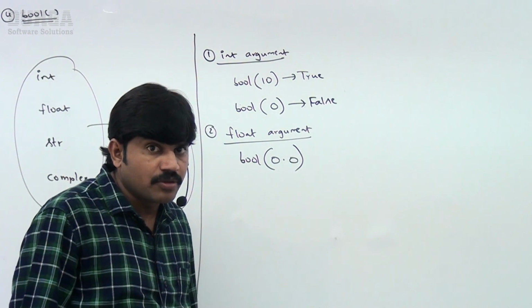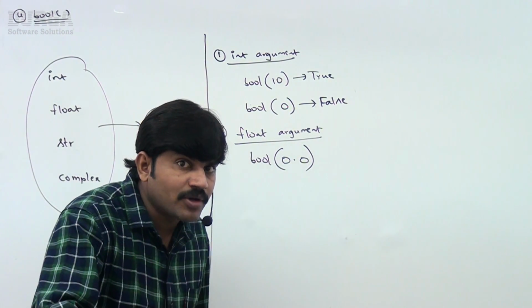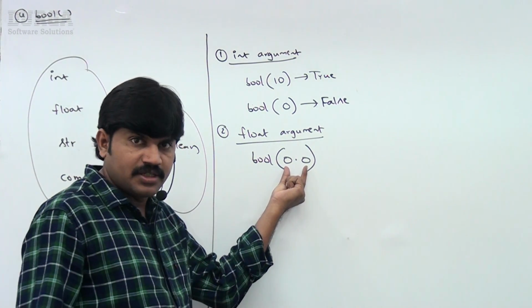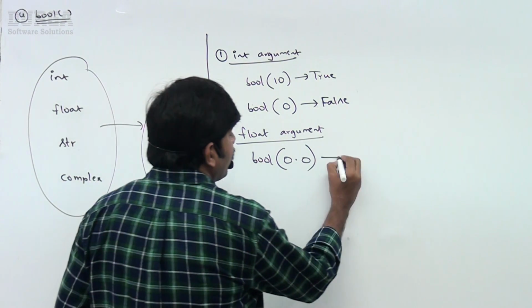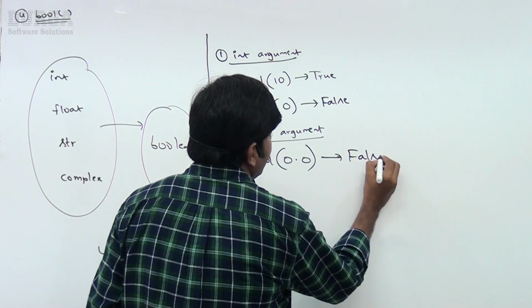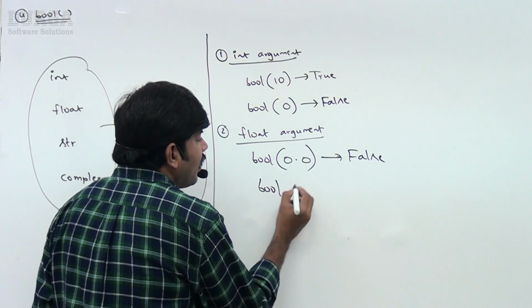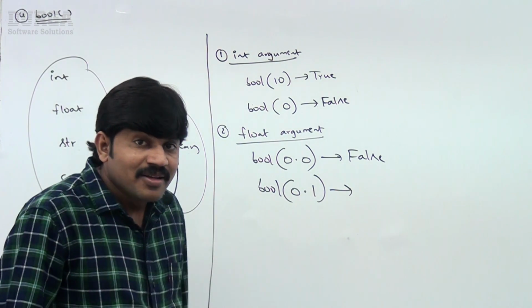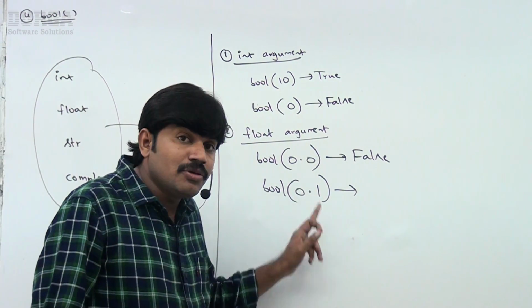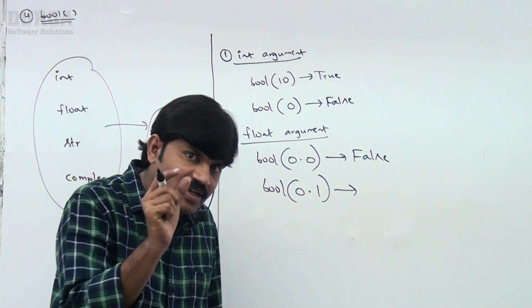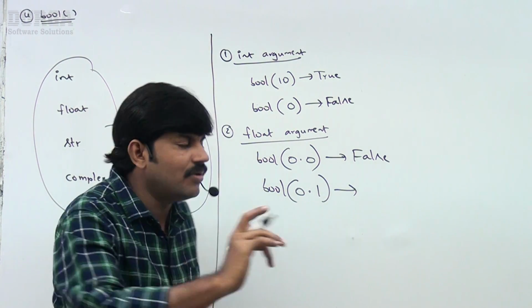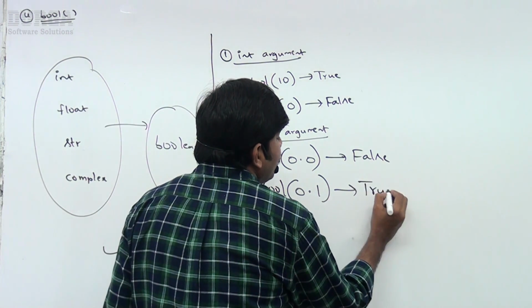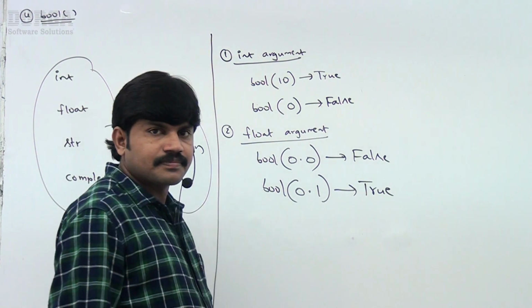The float value 0.0 is always float type, but its value is 0. That's why false is the answer. Sir, bool of 0.1. Is it 0 or non-zero? Non-zero. Even if it is a very small value, it is non-zero. That's why we get true as the answer.